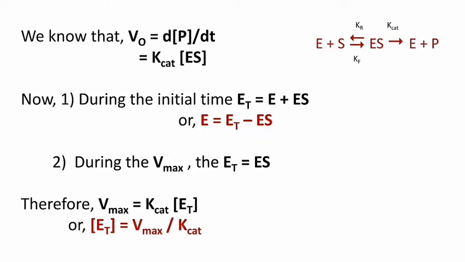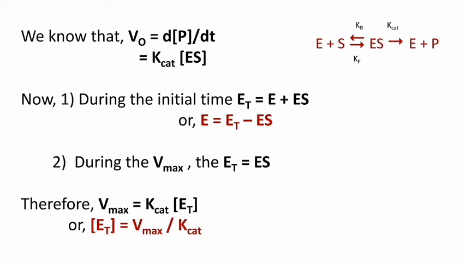During the initial phase, the total enzyme present, denoted by Et, equals E plus ES, that is some are free enzyme and some are in the enzyme substrate complex. Now we can also say that E equals Et minus ES.